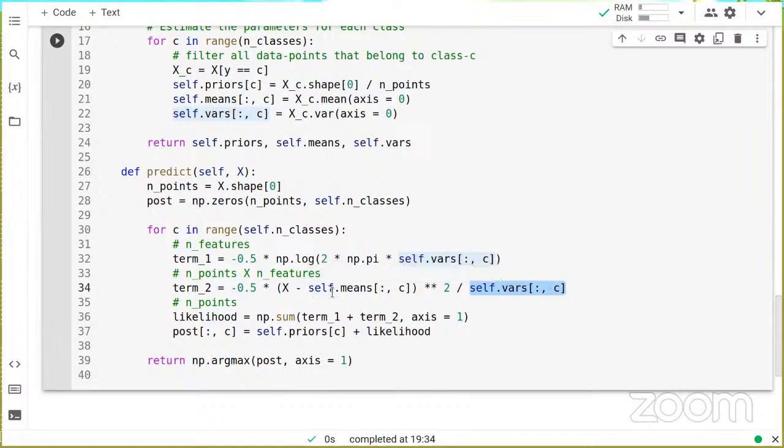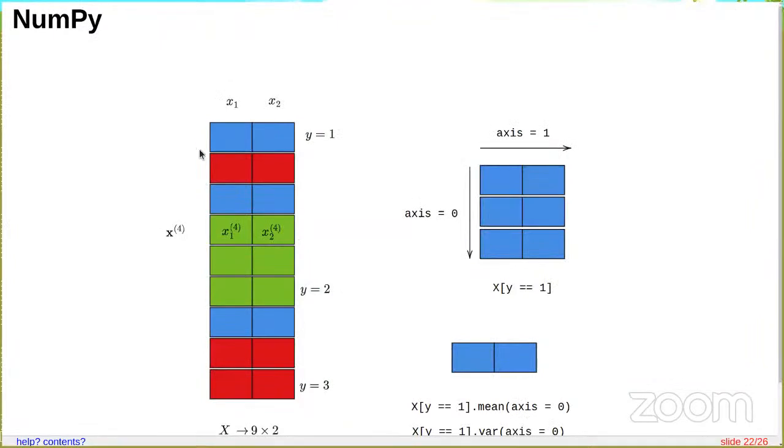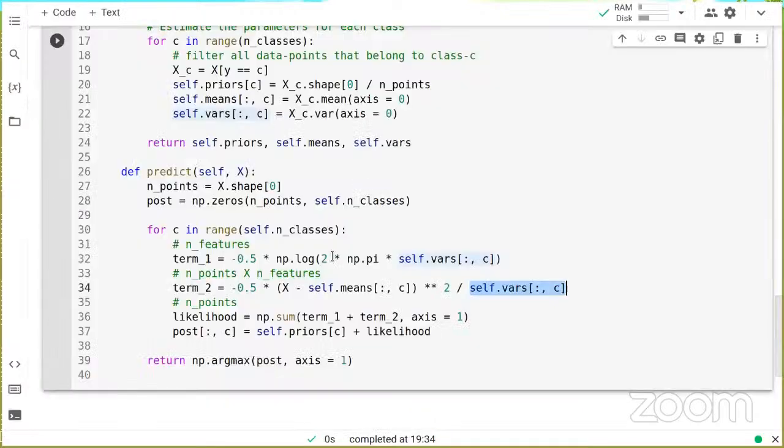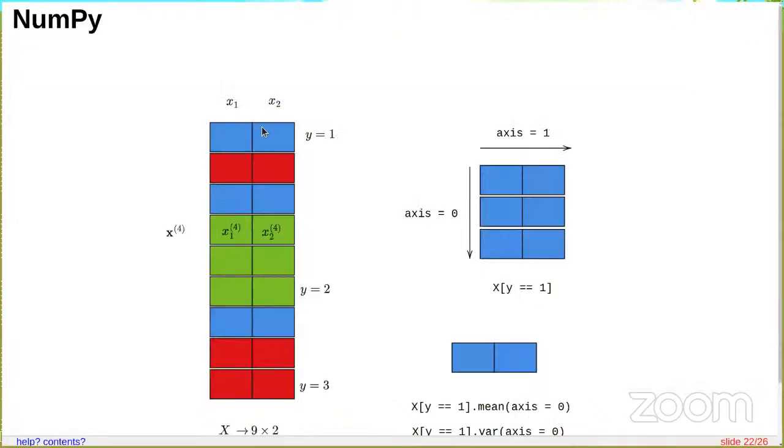The means are being subtracted from each row. The same vector is being subtracted from each row, and here the same vector is being divided for each row also. Feature 1 variance, feature 2 variance, you divide for row 1.